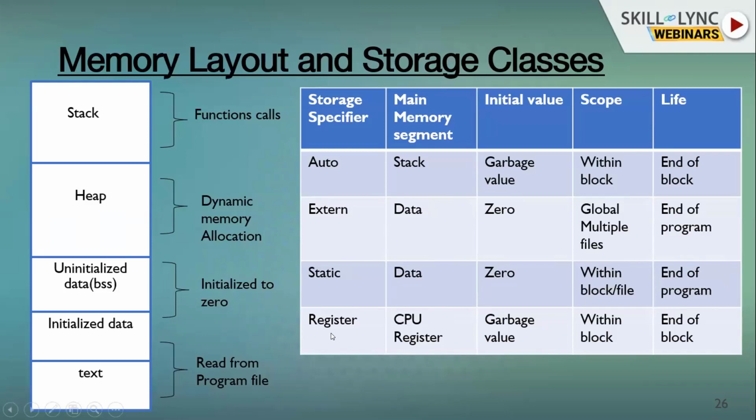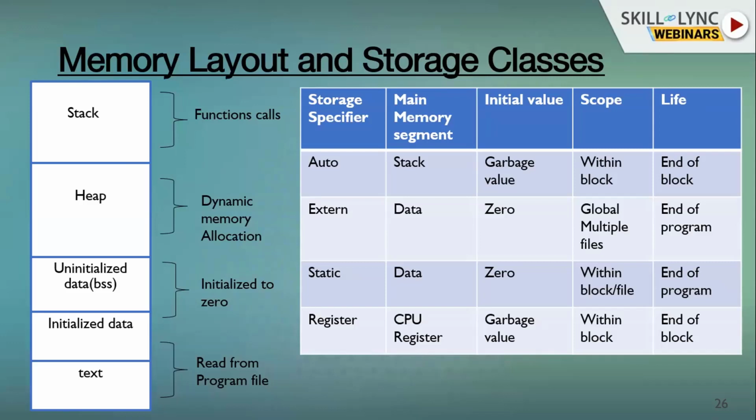If we talk about register, once we create any register variable, it is going to be stored in the CPU registers. Although there are not enough registers, it depends upon the compiler whether it will treat it as a register variable or not.